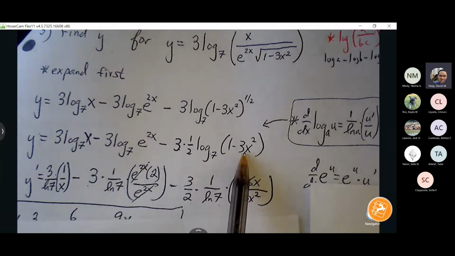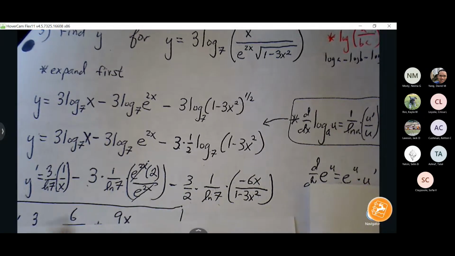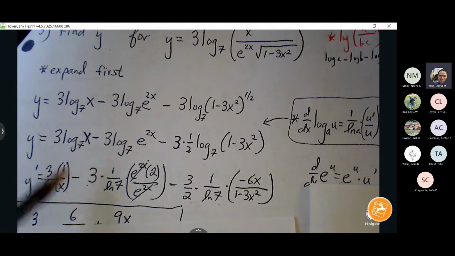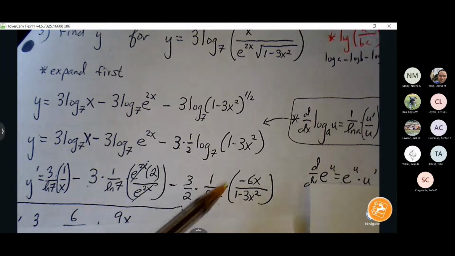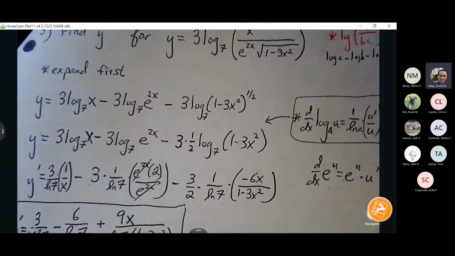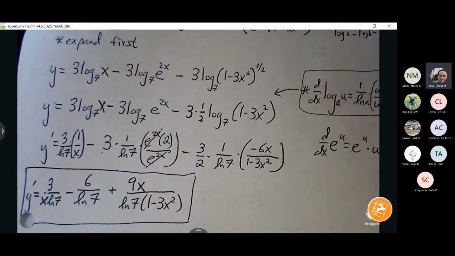And then u prime over u, negative 6x over 1 minus 3x squared. Okay, I'm just going to do some cleanup individually within each fraction, but not going to do any common denominators here. We're just going to try to get each space cleaned up.